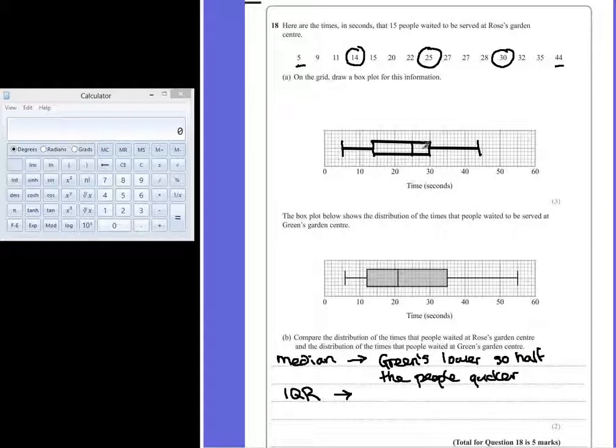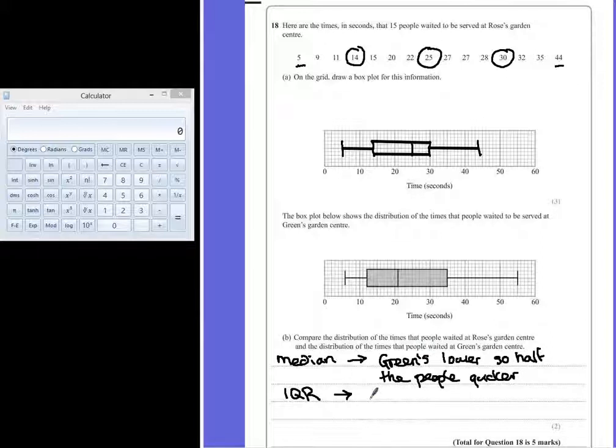Now the interquartile range, which is the length of the box, the distance between our 2 quartiles. In this case, Rose's garden centre has a smaller interquartile range, which means that the times were actually a lot more reliable, they were closer together.